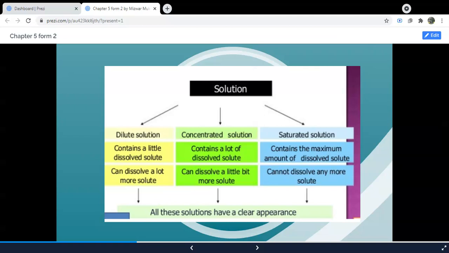Tapi untuk kamu punya syllabus sahaja, solution mesti ada clear appearance. Apa yang dimaksudkan dengan clear? Maksudnya the light can pass through. Maksudnya clear lah, macam air putih tu.